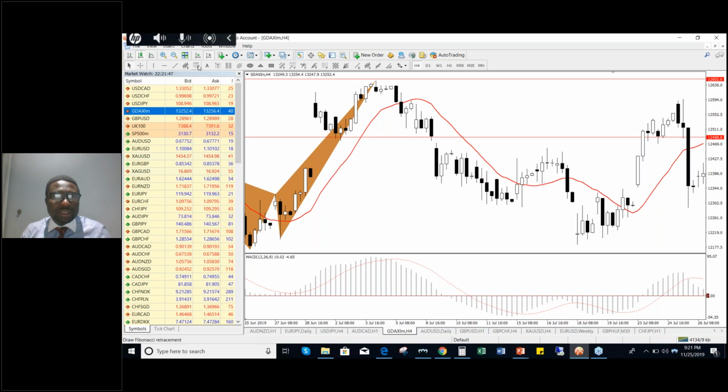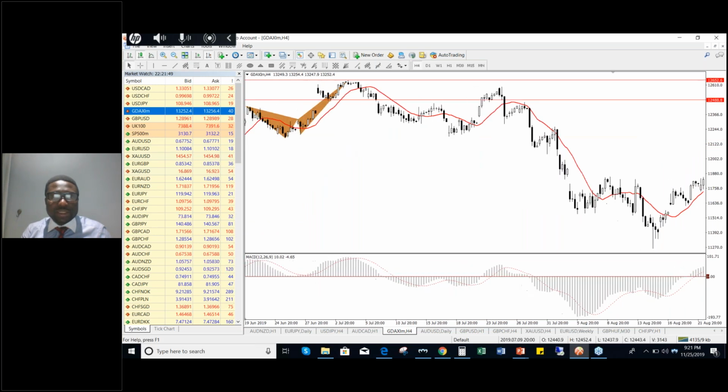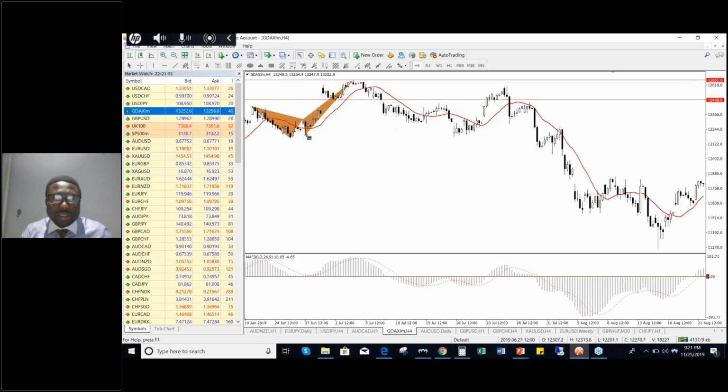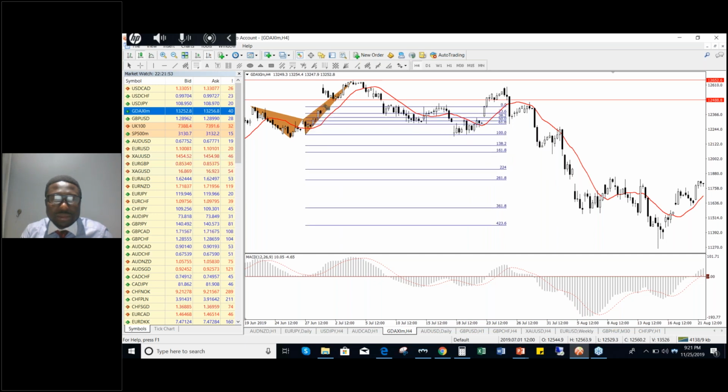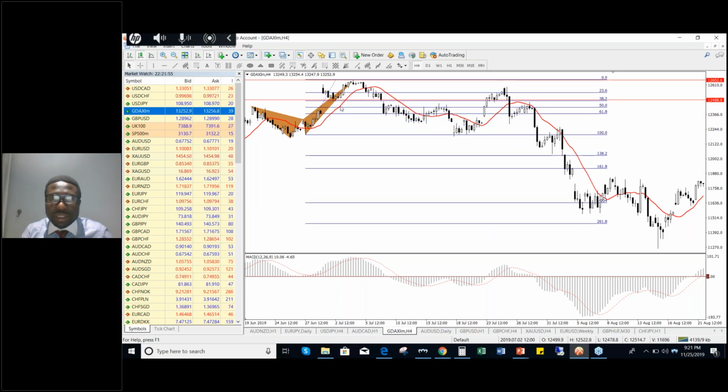And then I'm going to set my target. I draw from this C to D, and that is it. So this is my take profit 1, 100. My take profit 2, 161.8, and my take profit 3, 261.8.